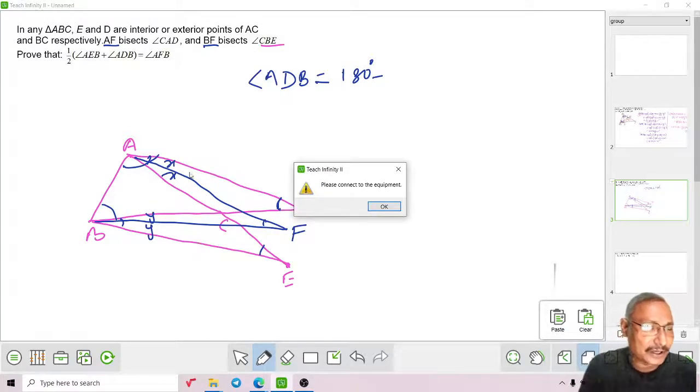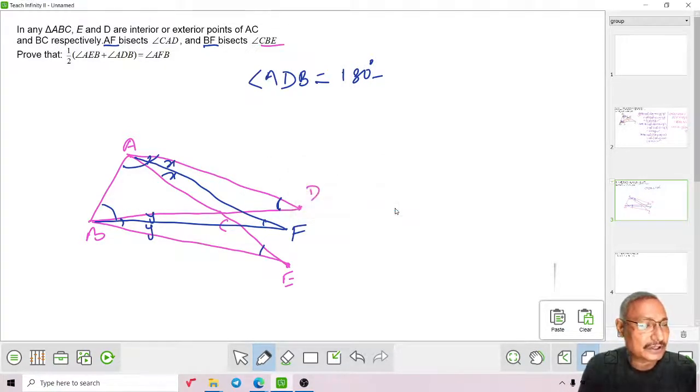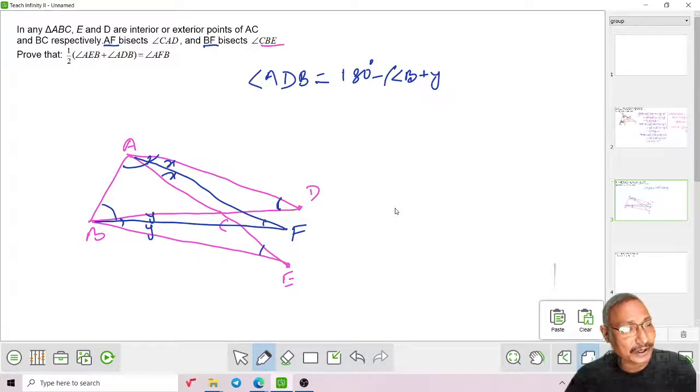This angle is clearly B plus Y. So we can write here angle B plus angle Y, and this angle is now angle A plus 2X.